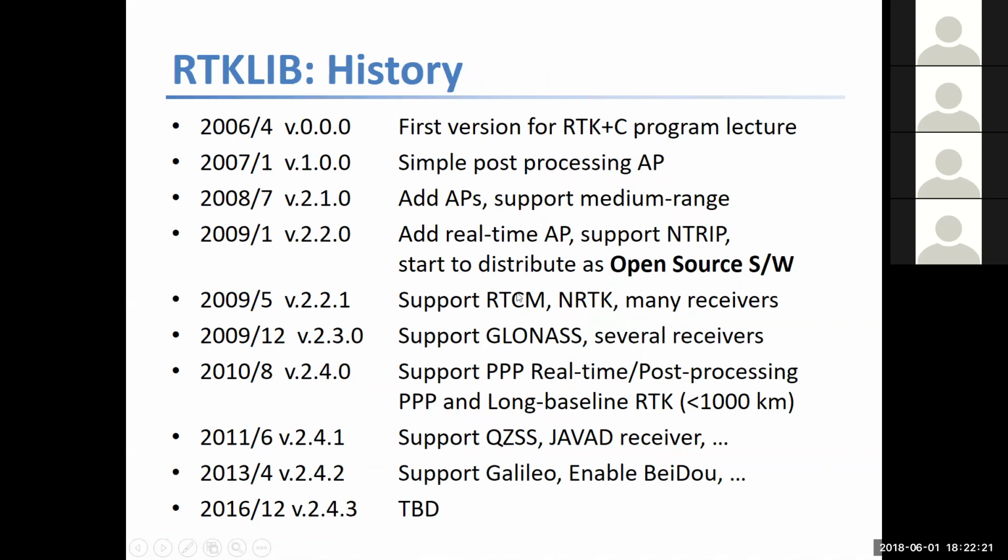Then RTCM and network RTK, coping with many receivers and supporting not only GPS but also GLONASS. In 2011, QGIS support was added because QGIS was launched. And in 2013, 5 years ago, he started to support Galileo and enabled Beidou B1, B2, and yes, now.